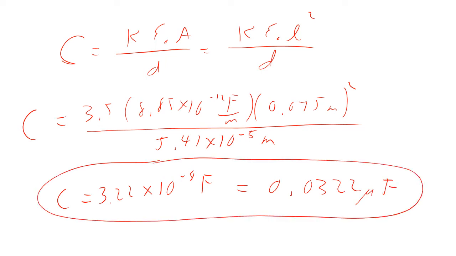The next question is, what's the maximum voltage I can put on the capacitor before it breaks down? Well, the maximum voltage is set by the dielectric strength. You look up in the table and it says it's 16 kilovolts per millimeter.